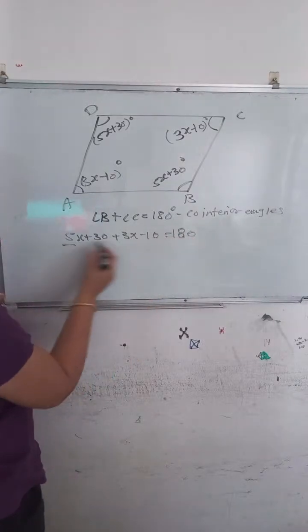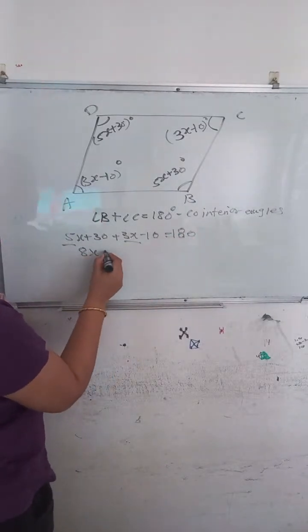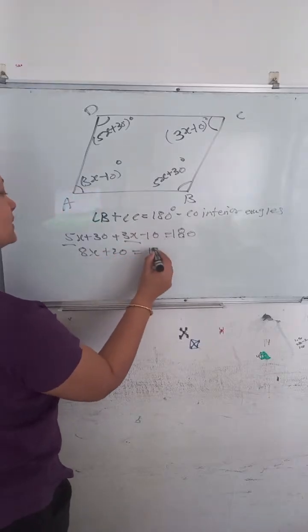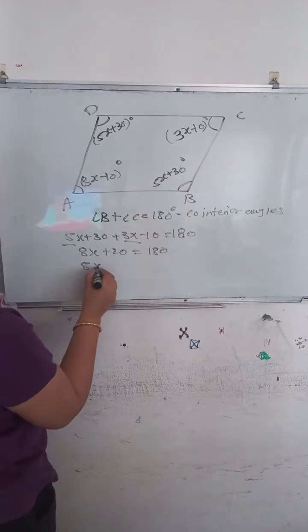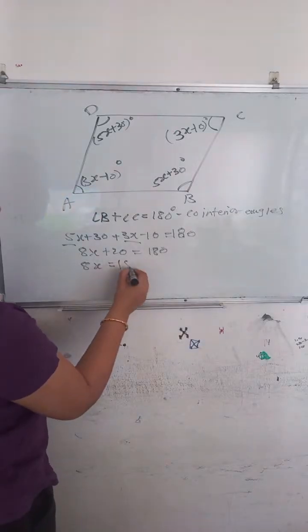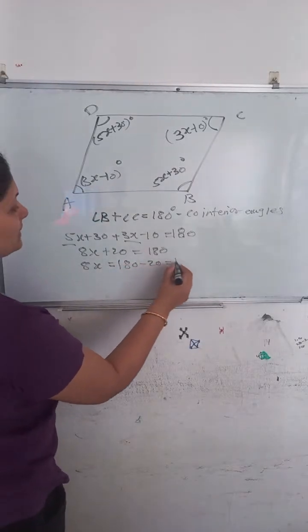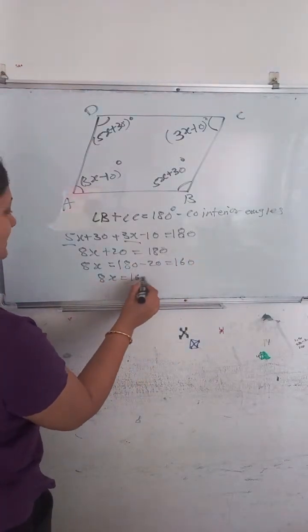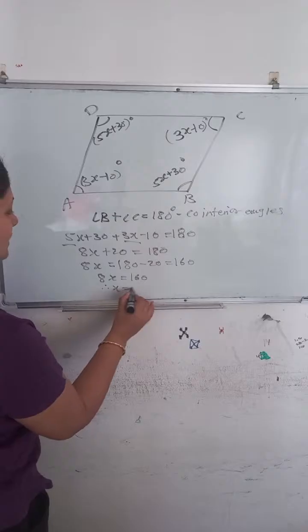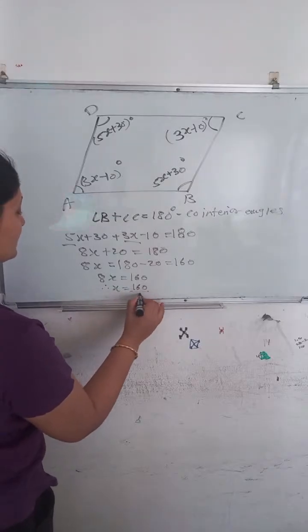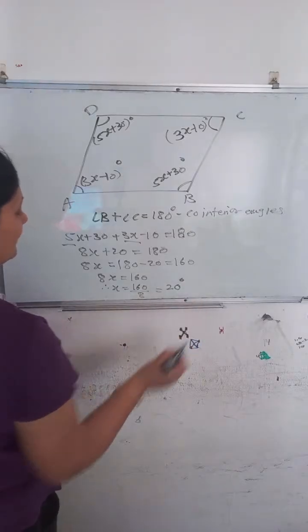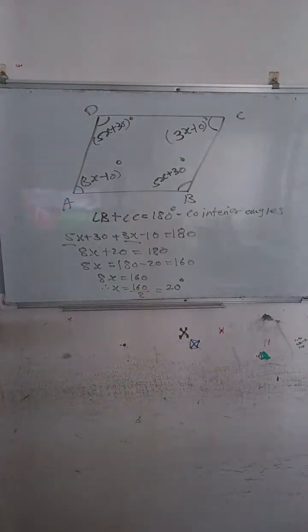So 5x plus 3x is 8x, and 30 minus 10 is plus 20, equal to 180. So 8x is equal to 180 minus 20, that is 160. Therefore x is 160 divided by 8, which is 20 degrees.